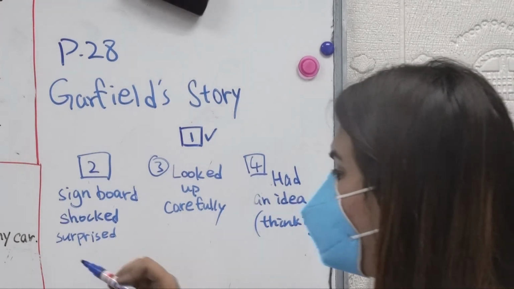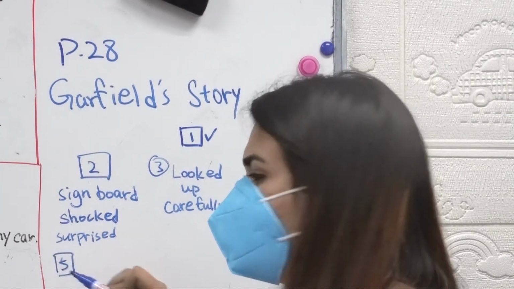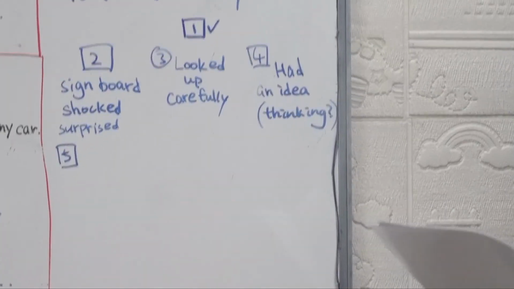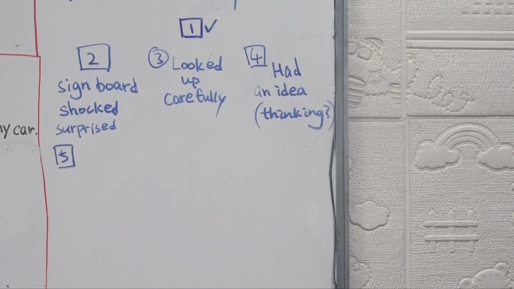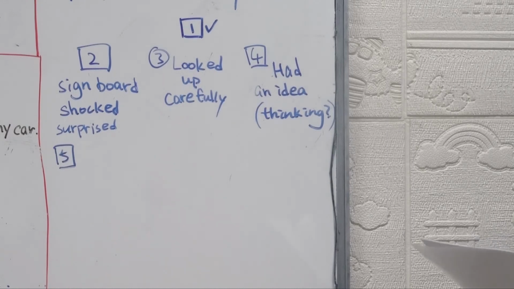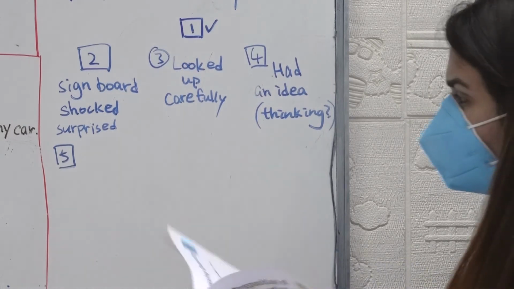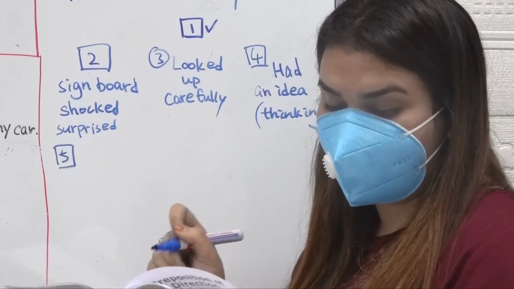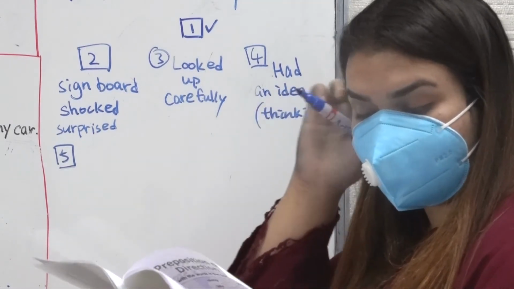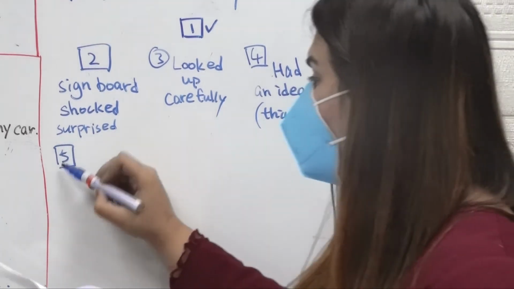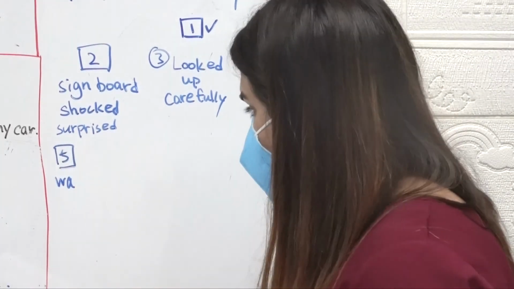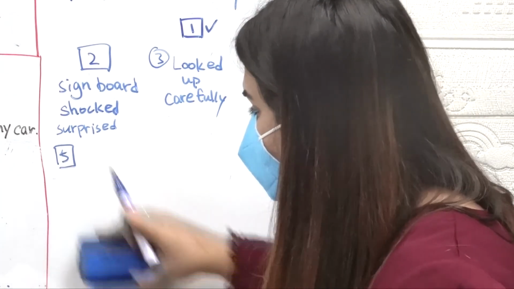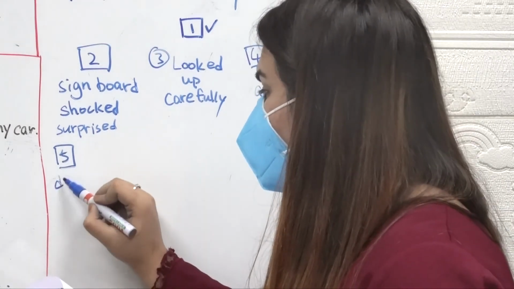5. Picture number 5. What can you see on picture number 5? He is doing some action, right? So the picture number 5, you can see shake, shake, shake. So in this picture, he is shaking the tree, right? After that, you may say he decided, right?